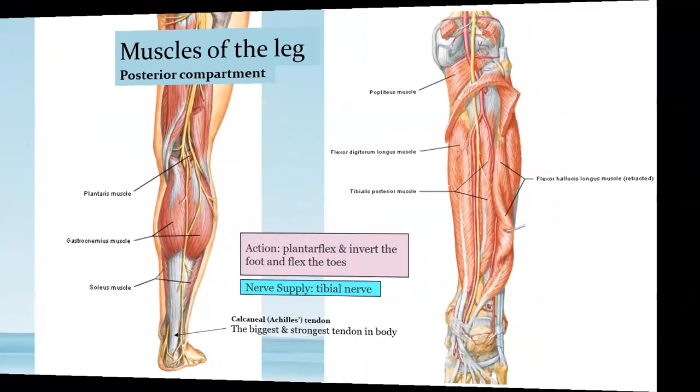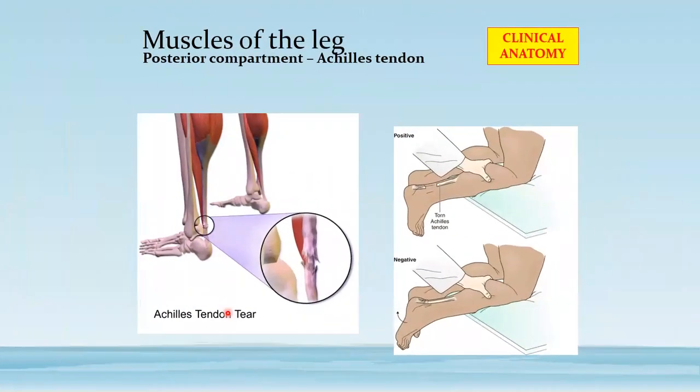Okay. So whenever an athlete have this Achilles tendon tear, it is really, really painful. So to examine this condition, the doctor will passively contract the muscle of the posterior compartment of the leg.